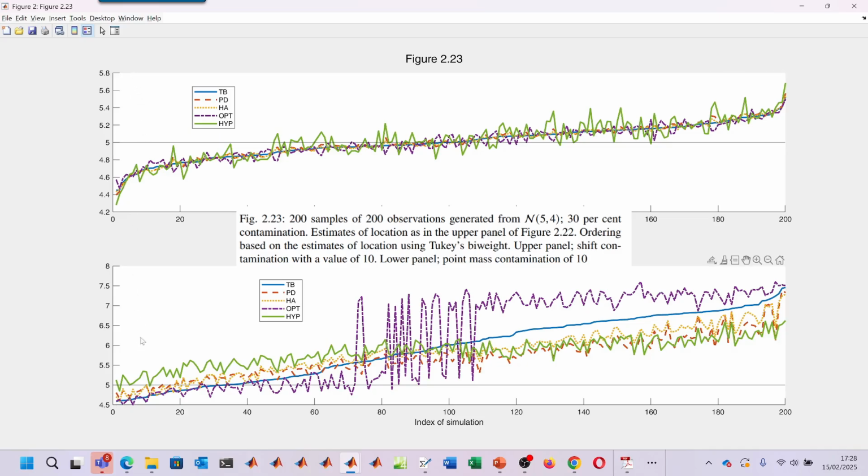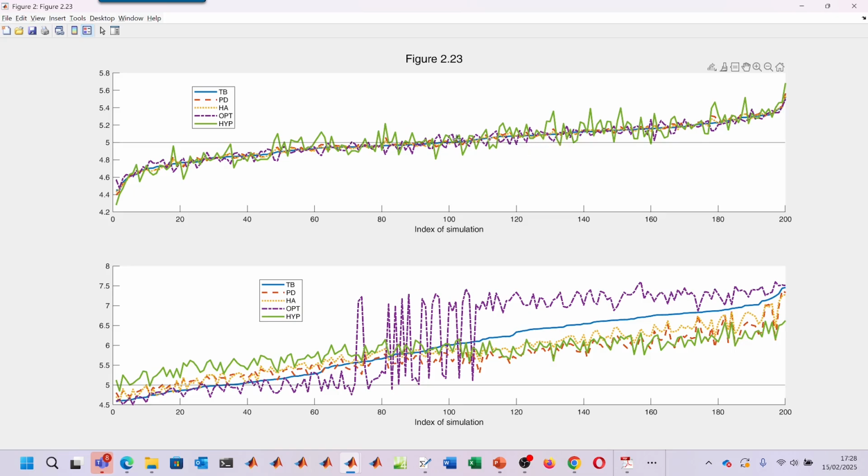In both panels, the estimates have been ordered according to the values of the Tukey biweight estimates. From the top panel, you can see that there is an agreement between the different estimators, but maybe there is a higher variability for the hyperbolic estimators.